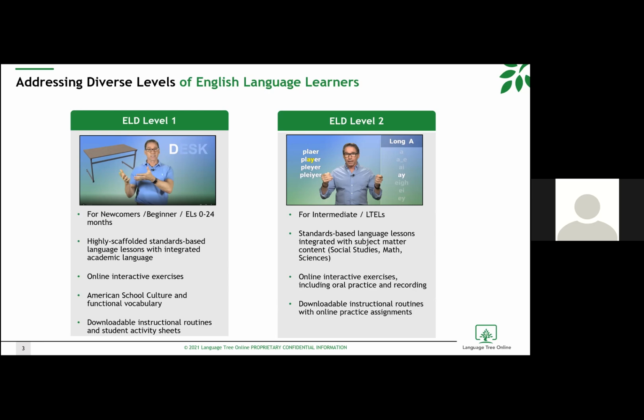The rigor goes up substantially in Level Two, and we get into that cross-curricular content integration with the math, social sciences, English language arts content curriculum, with the language being the driver and the content being the passenger. Just to let you know, our curriculum was written as a continuum. It's intended for students to start and progress and continue on through Level Two, where they get to the point of bridging and redesignation.